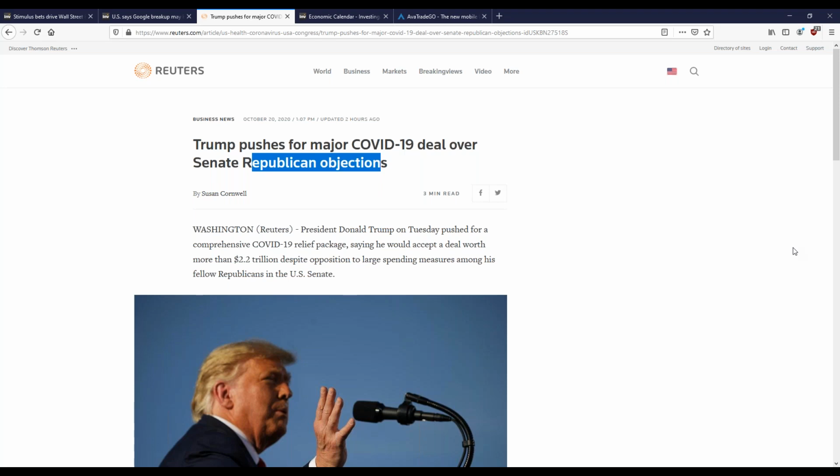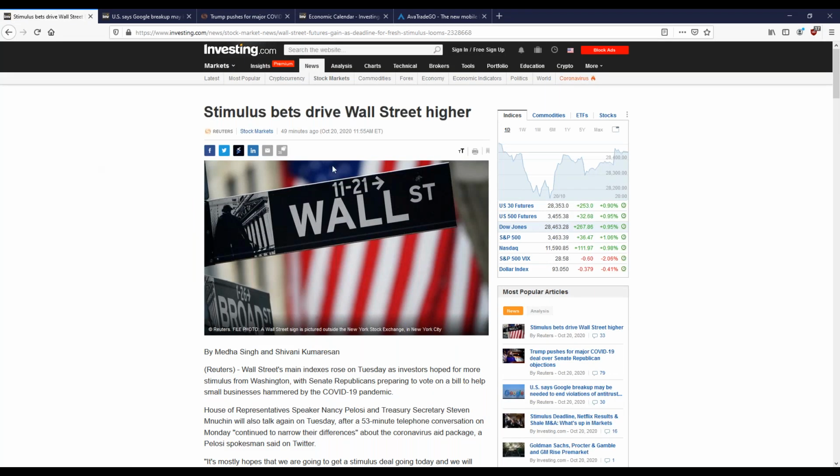The Democrats want the big numbers and the Republicans want to be more fiscally conservative. So they're bickering, but today it's optimism. Wall Street's betting that maybe they will get a stimulus package passed. We see here the futures were green all day, meaning positive optimism. When the markets opened, they opened in green. The actual indices are in the green, and volatility is down over 2%, which is pretty significant.